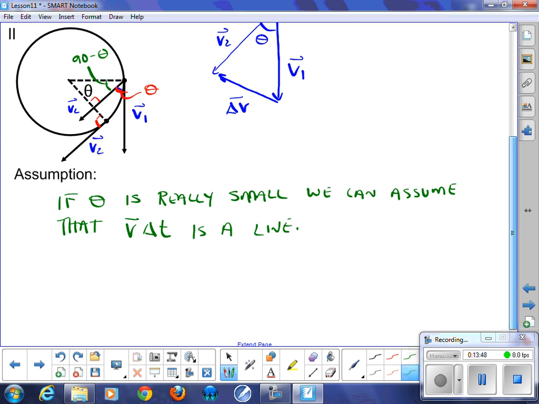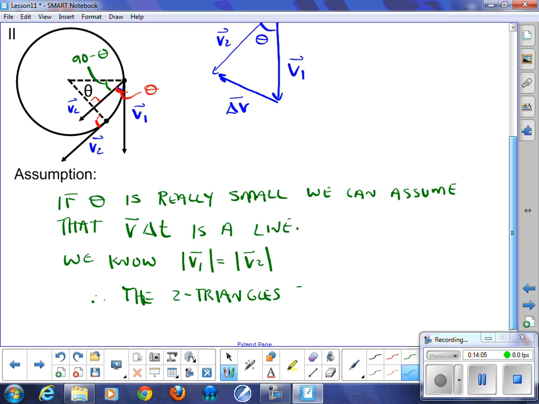We also know that the magnitude of V1 is equal to the magnitude of V2. So therefore, the two triangles shown, so 1 and 2, are similar.